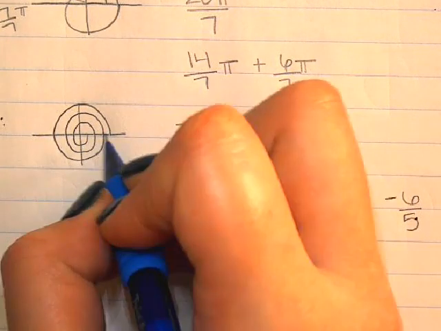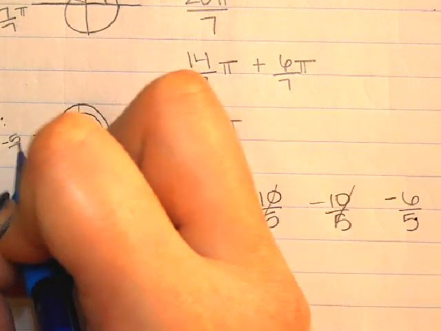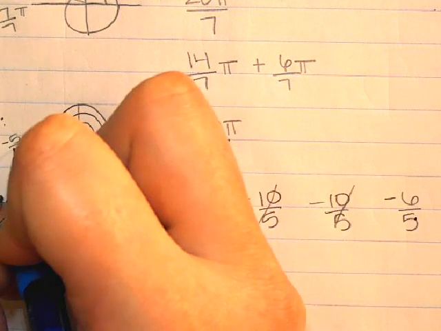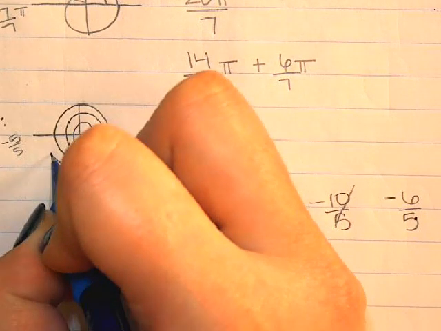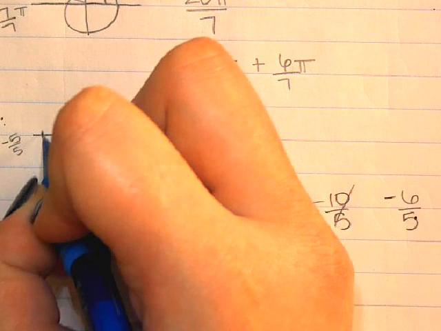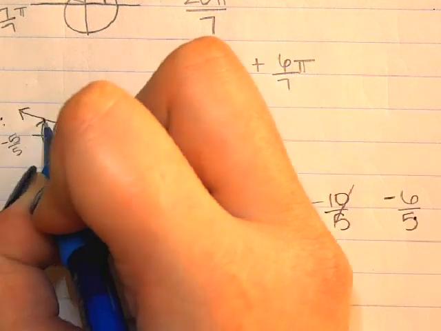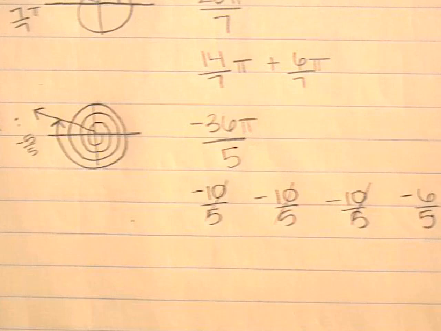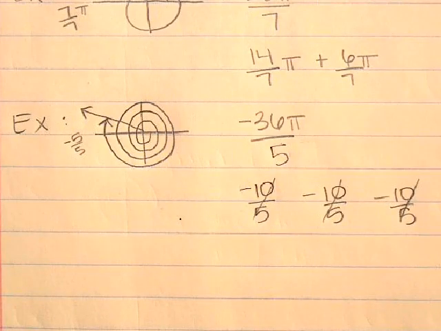And then when I go backwards, I'm going to get to negative 5 fifths. And how much more do I go? A little bit. Just a little bit more. Okay, so I did that one. That's very swirly.